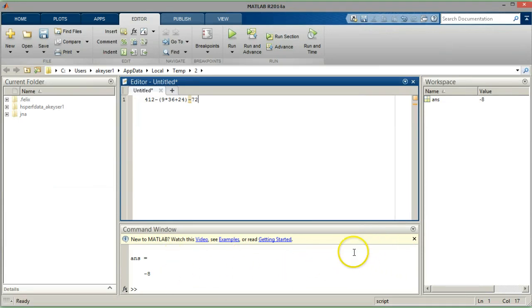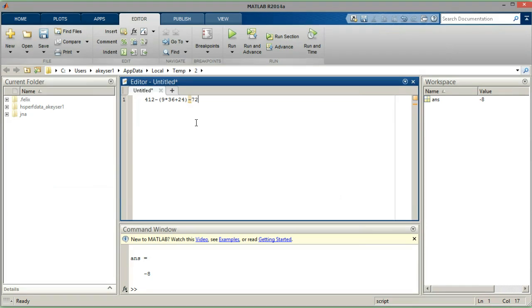And you can separate this command screen from the script screen, but just for the purpose of this video, I'm going to leave them on the same screen. Okay, so that's pretty simple.